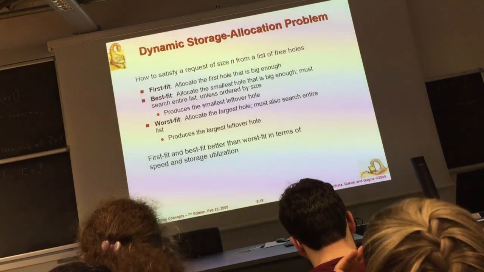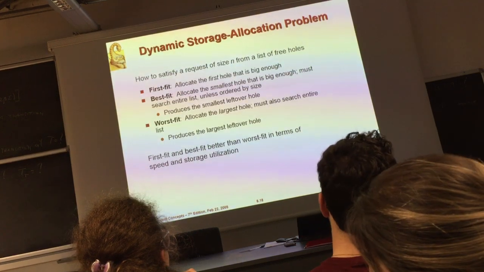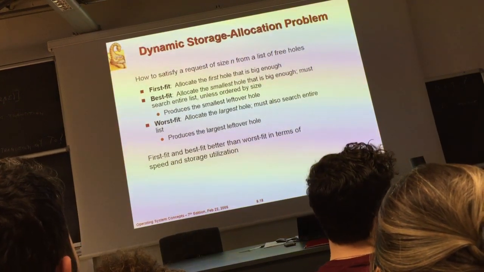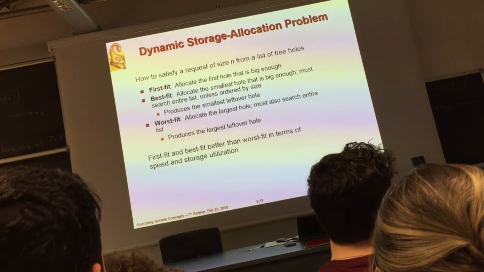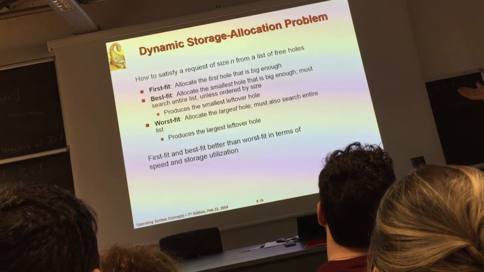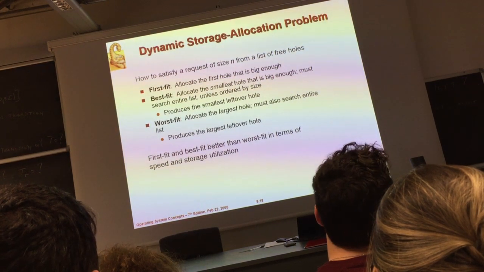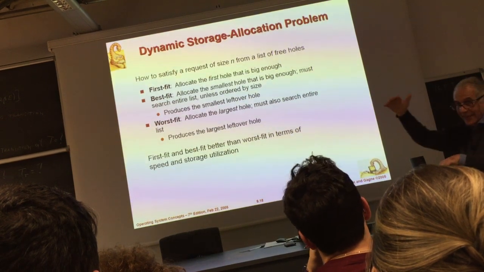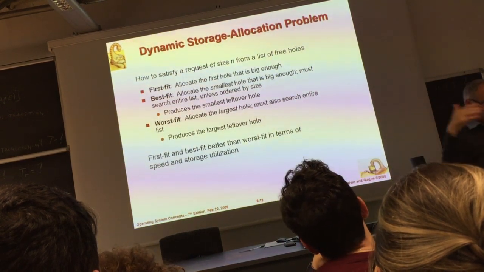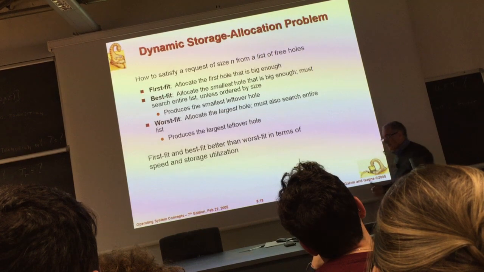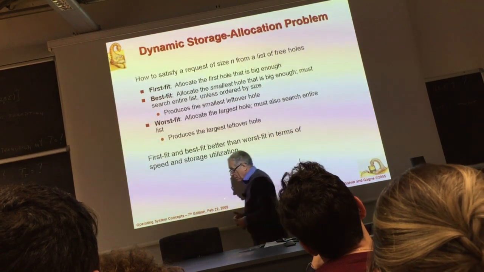That seems to be the most reasonable. Because the best fit, by definition, leaves small holes. By definition, okay, that's why someone was not a fool to propose a worst fit. Worst fit means that I leave large holes so that large processes may find their contiguous location.